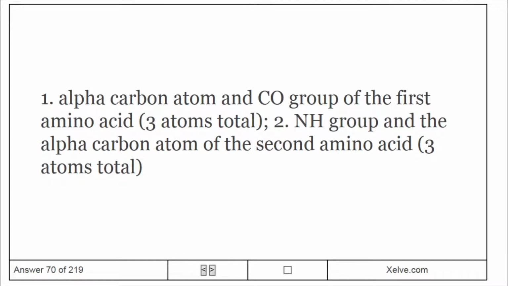Six. List these 6. 1. Alpha carbon atom and CO group of the first amino acid. 2. NH group and the alpha carbon atom of the second amino acid.